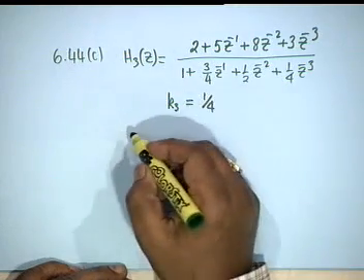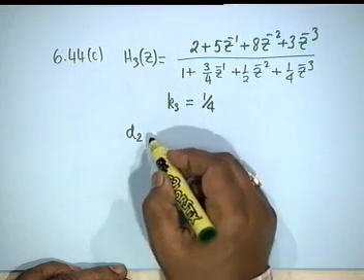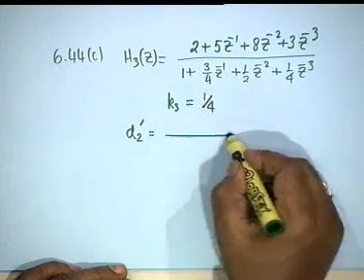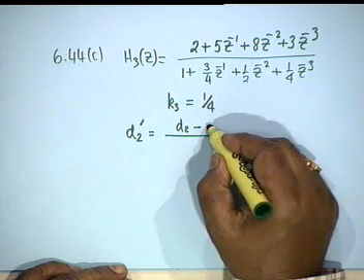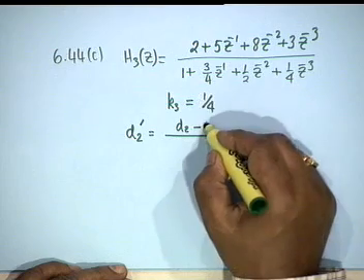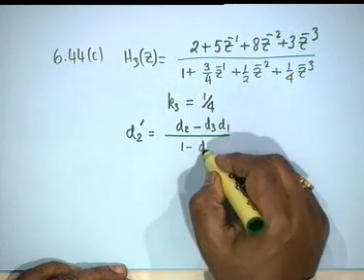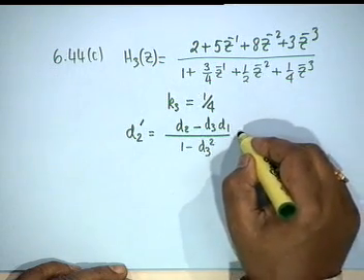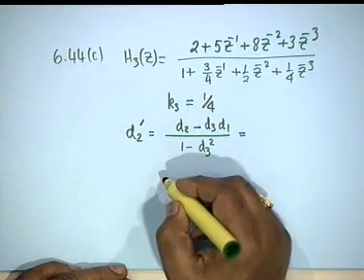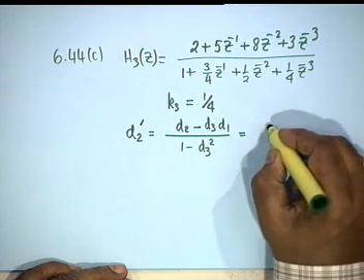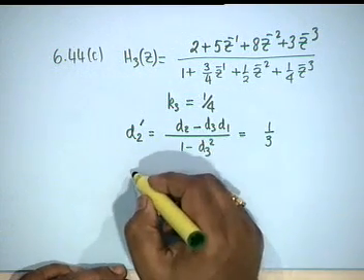In finding D2Z, your coefficients are D2 prime would be equal to D2 minus D3 D1 divided by 1 minus D3 square, and that comes out as 1/3, my calculation.